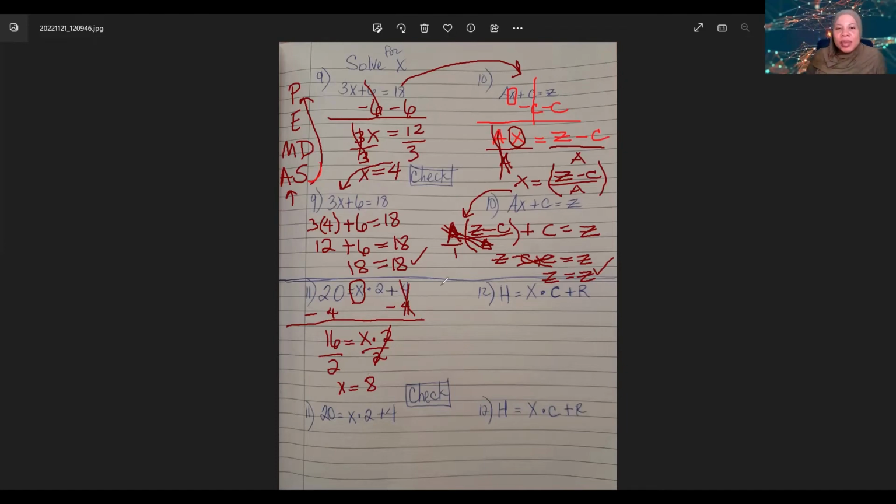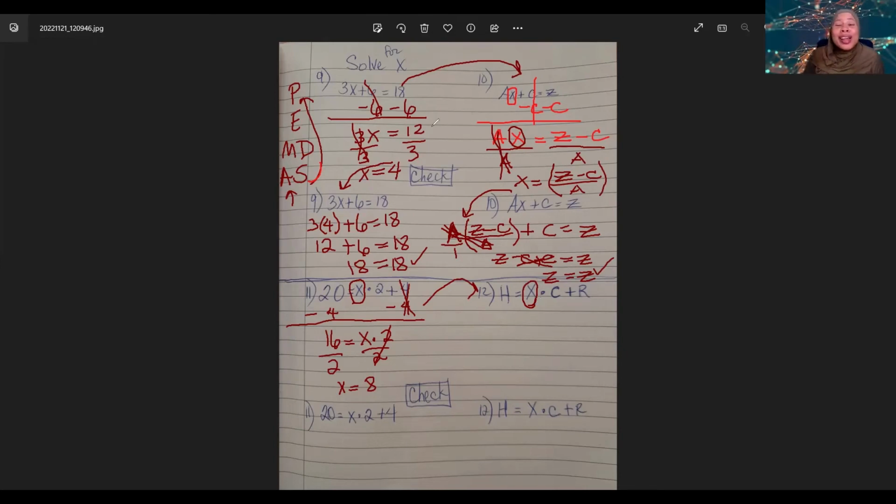Okay, so now we apply this concept over here. We're trying to get x by itself. Now, the operations being done to the x are multiplication, and then you see an addition on that side. So we know that we're not going to do multiplication first because when you're solving for the variable, you do the opposite of the order of operation.